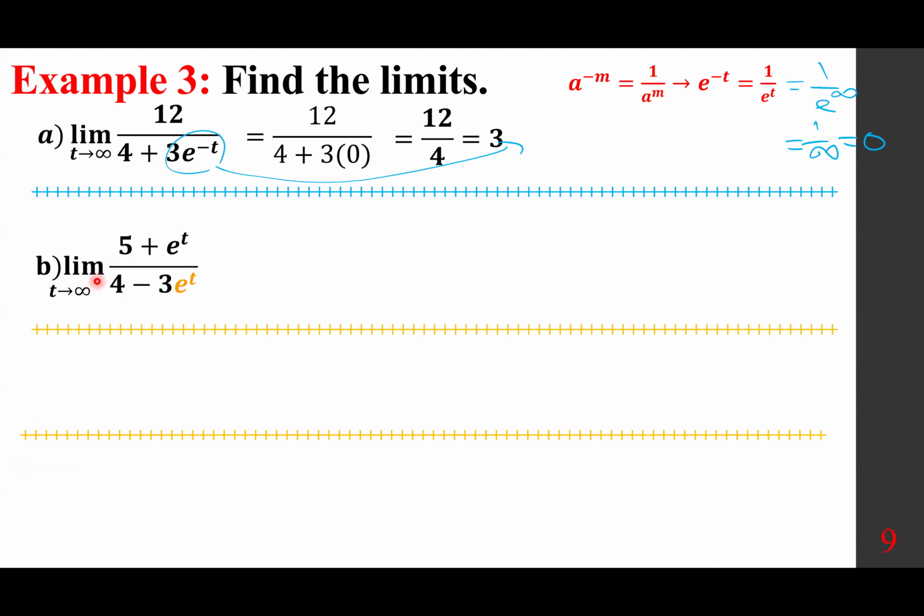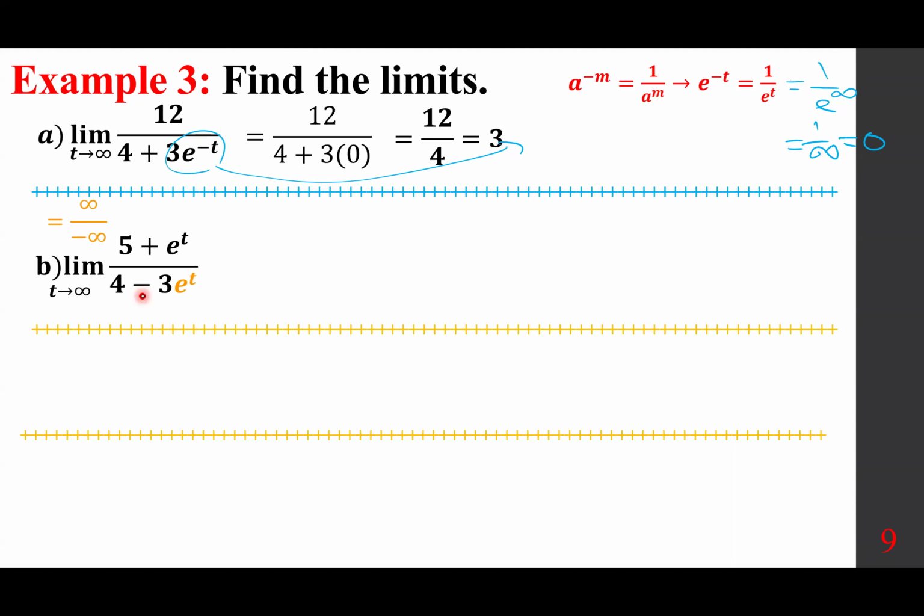What about this limit? The limit of (5 plus e to the power of t) over (4 minus 3e to the power of t) as t approaches infinity. If you plug in, this becomes infinity, this becomes negative infinity because of this negative 3. This is not a rational expression, because rational means the top and the bottom must be polynomial. They are not.